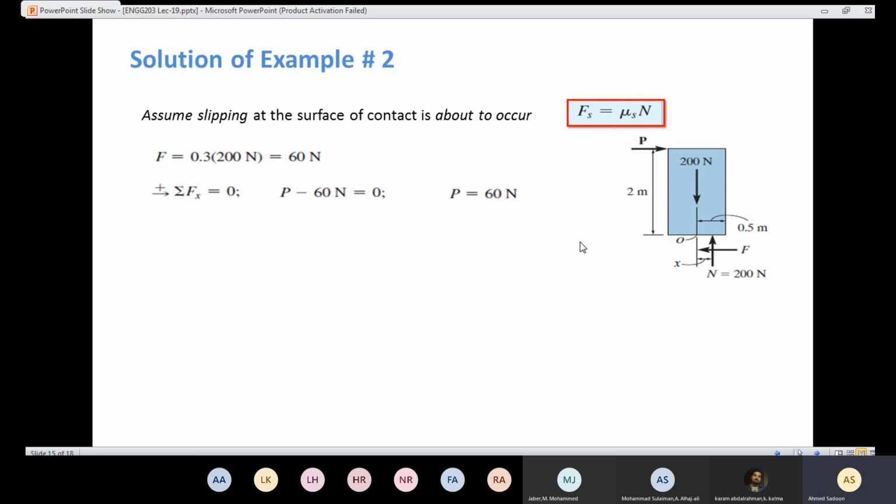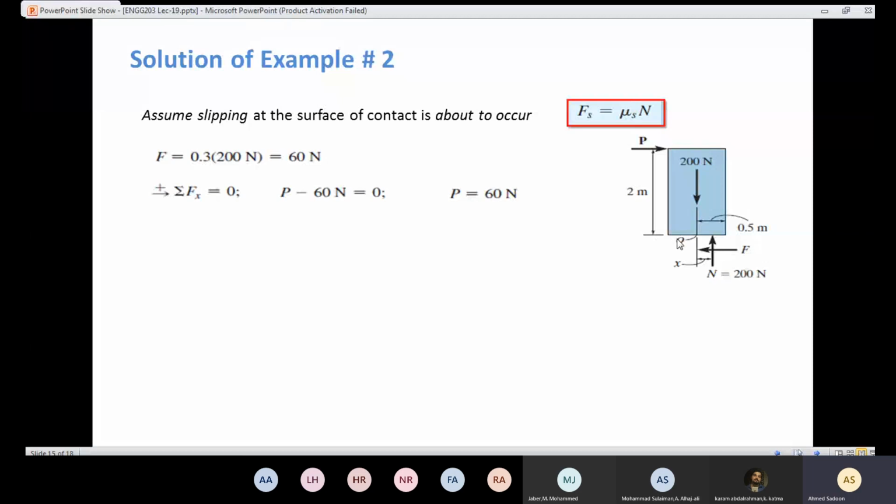Here I assume that sliding is going to take place. What about tipping? So now I need to know the value of x to know whether the tipping took place or not. Because if I take the moment here and the value of x came out to be more than 0.5 meter, it means that the tipping took place before the sliding.